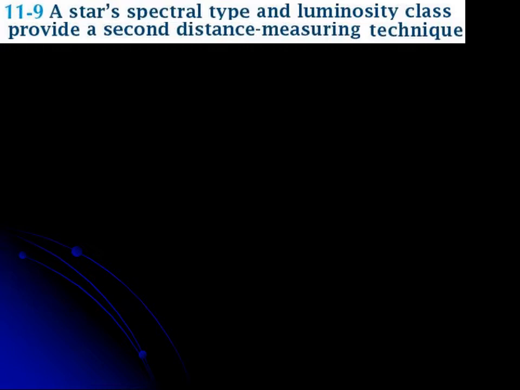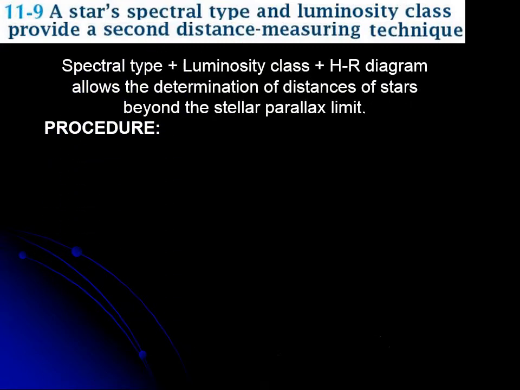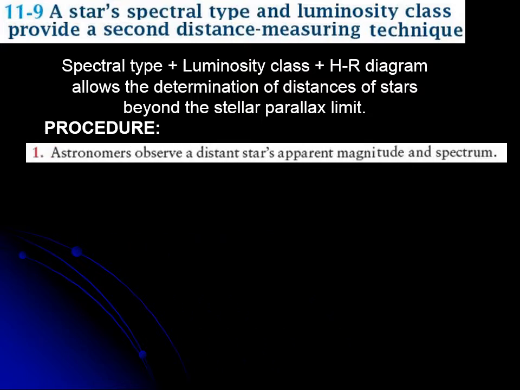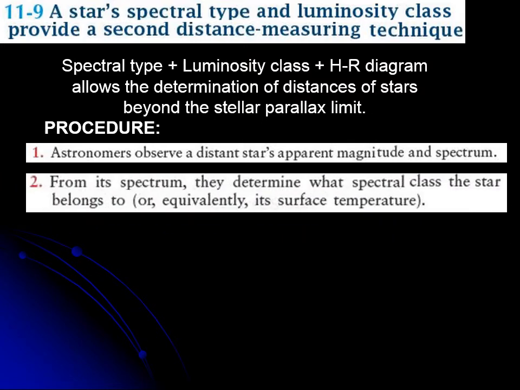In section 9, we're going to see that knowing the spectral type and the luminosity class allows us to determine in an indirect way the distance of the star. And it is a series of steps. First, we need to observe the apparent magnitude and the spectrum. The spectrum will give you the spectral class, and with the spectral class, we're going to know the surface temperature.